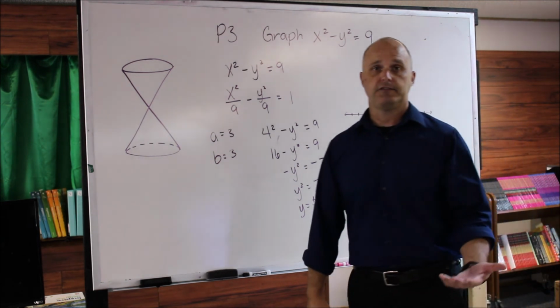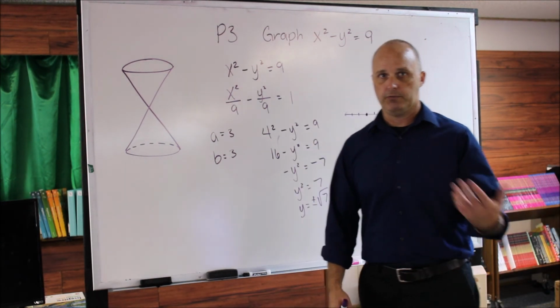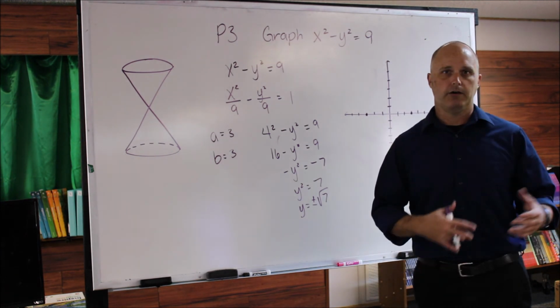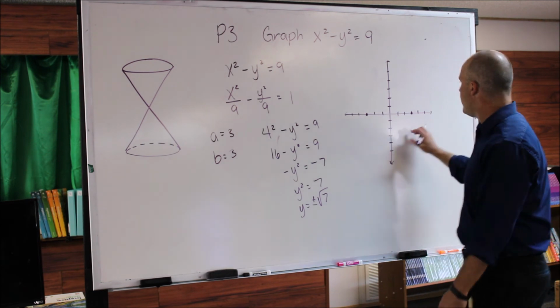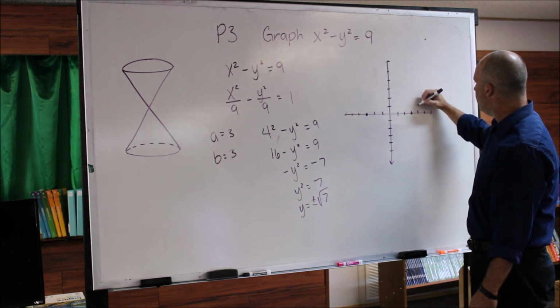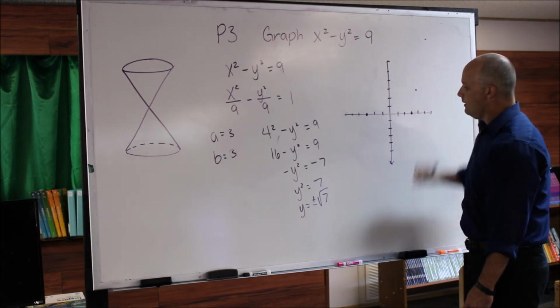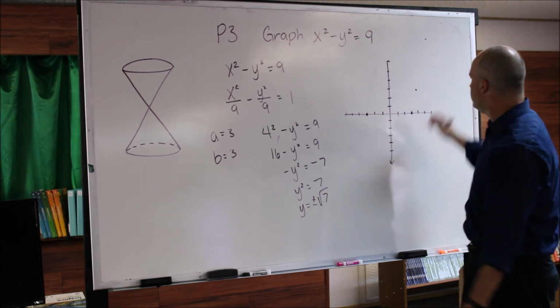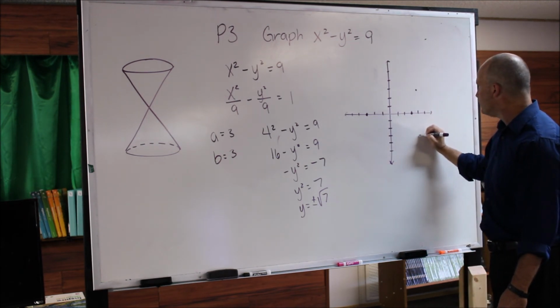Now because the radicand 7 is between 4 and 9, we know that the solution is somewhere between 2 and 3. I'm not going to calculate this out because I can just guesstimate this on the graph. So I'm going to go over to 4 and go up 1, 2, and then right about there. Now remember that this is plus or minus, so I'm going to go above and below on this graph.